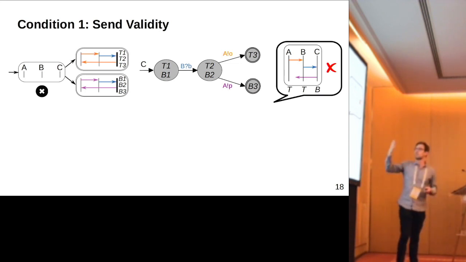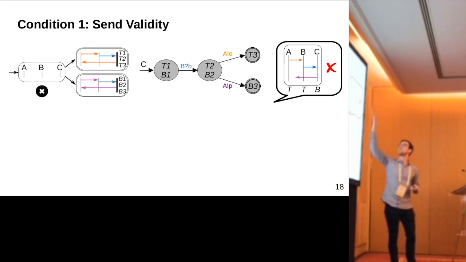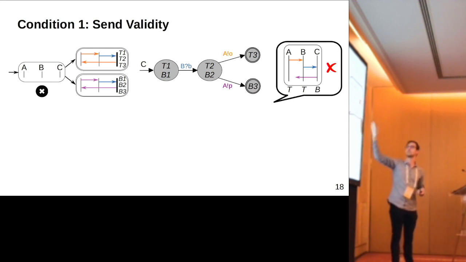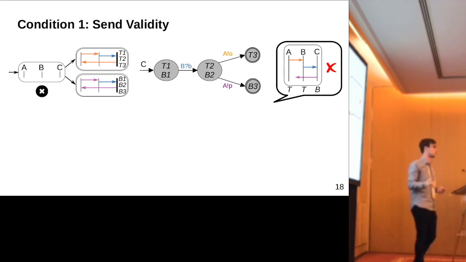And this always, as I've shown you before, exposes this execution where C thinks we're in the bottom branch while A and B think we're in the top branch. So that's the reason why we're not implementable.